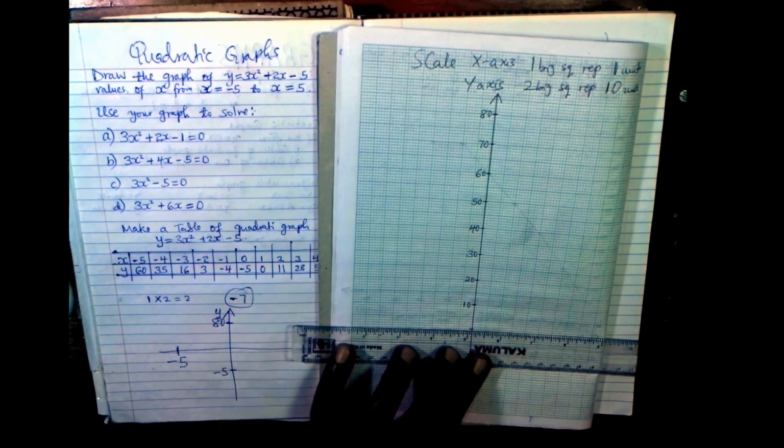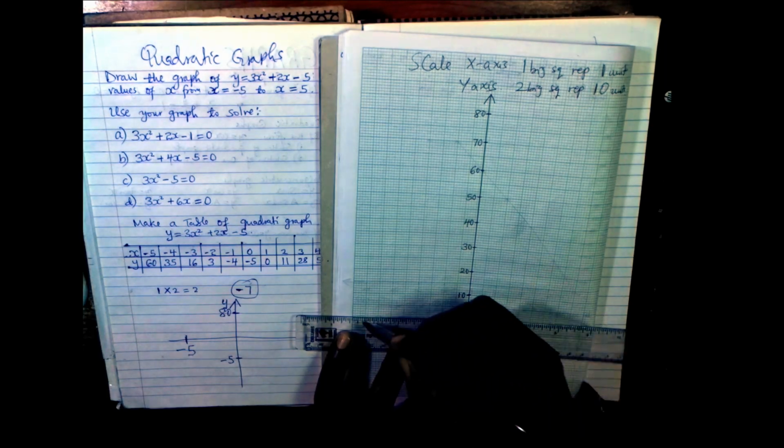Now where 0 passes through, that's where I will draw the x-axis.